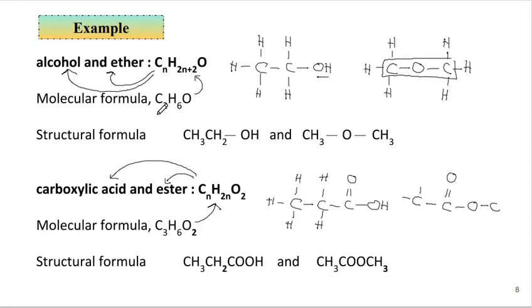And then as usual just fill up with hydrogen. So again we can check, the number of carbon, hydrogen and oxygen is all sufficient. So this one is an example of functional group isomer involving carboxylic acid and ester.